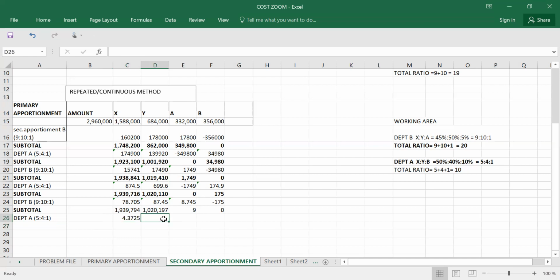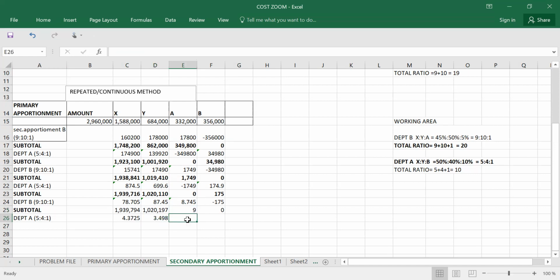And this one is getting 4 out of 10 times still this, equals 4 divided by 10 times this.